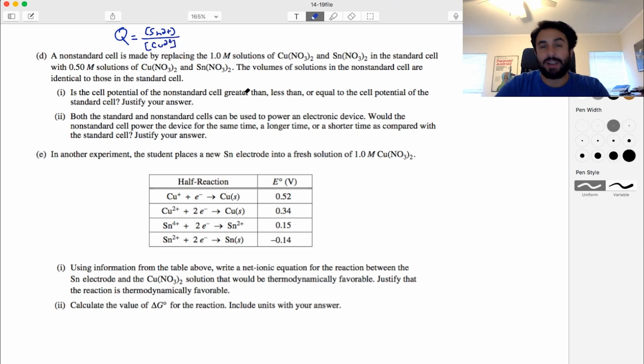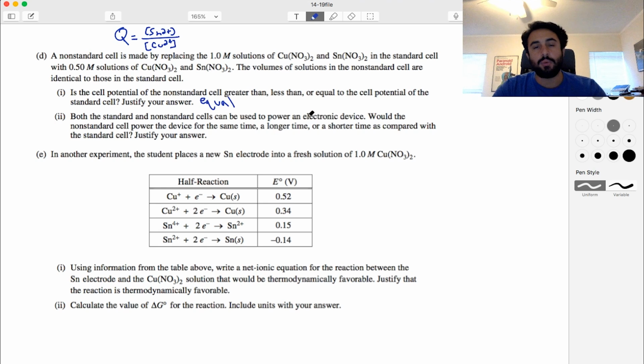So it's really just about this ratio, right? So whether we put in 1 molar and 1 molar or half a molar and half a molar, it doesn't really matter. If the concentrations are the same, that is not going to change the reaction quotient, and that is not going to change the cell potential, right? So this is going to be equal.